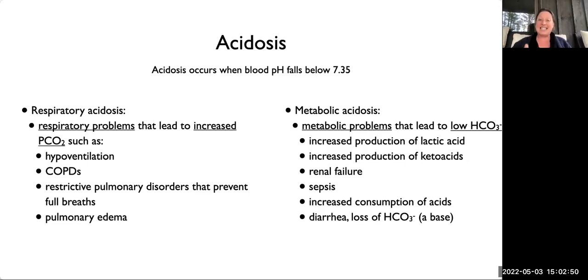Aspirin is salicylic acid, and that acid stays in the body and is difficult to get rid of and causes metabolic acidosis. Likewise, we can lose base. So someone with severe diarrhea is losing bicarbonate. Why? Because the pancreas, which produces bicarbonate, dumps it into the small intestine, which is part of what is lost when you have severe diarrhea.